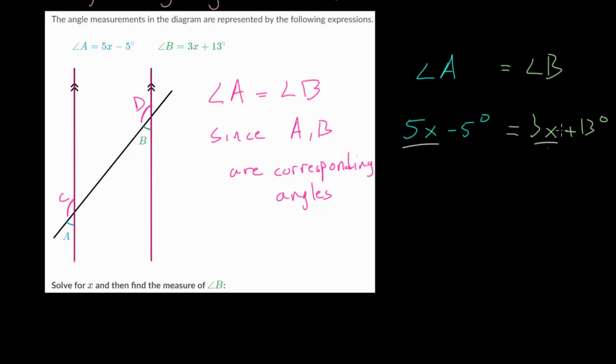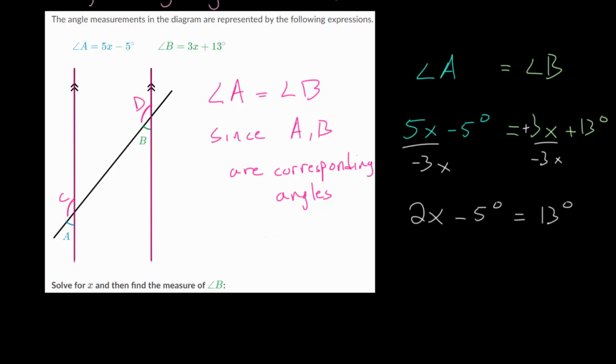So we want to cancel out this 3x and move it over here. Since this is a positive 3x, we can use subtraction on both sides to cancel that out. 5x minus 3x is just 2x. We still have the minus 5 degrees. 3x minus 3x is 0, so those cancel. And this is just equal to 13 degrees.